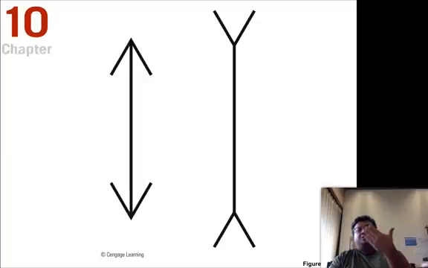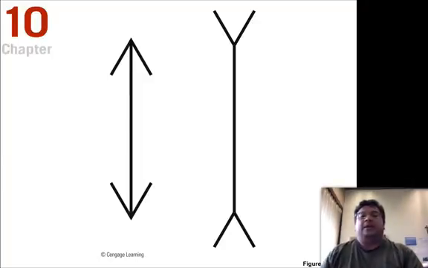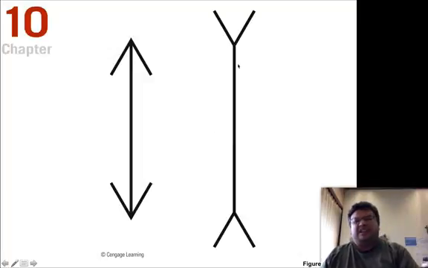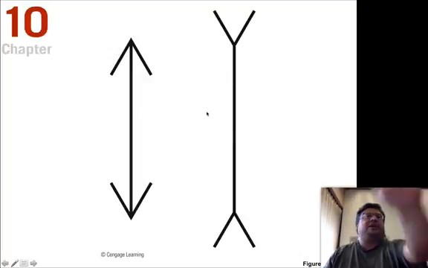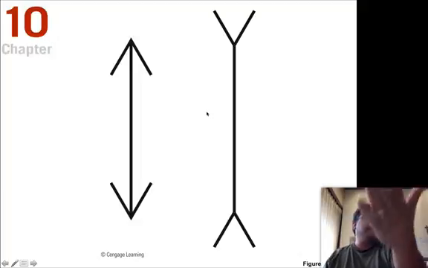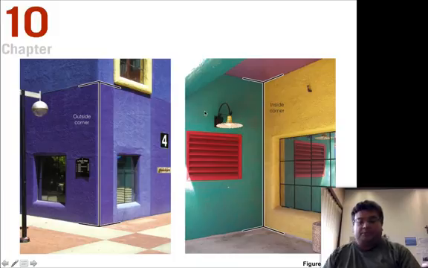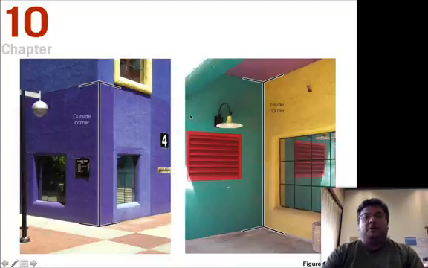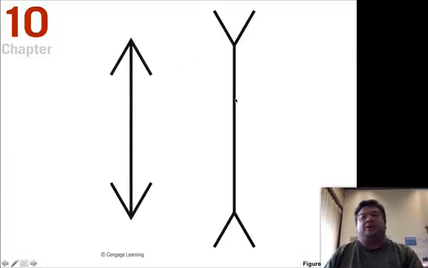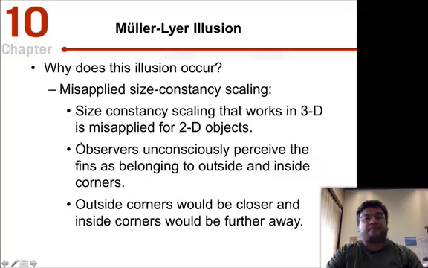So since it's closer to us, and this is further away from us, we are perceiving this one as being bigger because it's further away, but yet it looks like it's about the same size. So the visual angle is the same. So since it looks further away, this one is probably bigger than this one is, when in fact they're the exact same size.